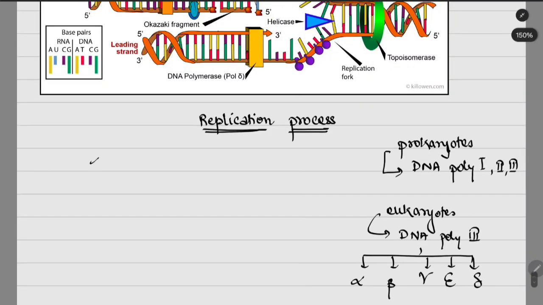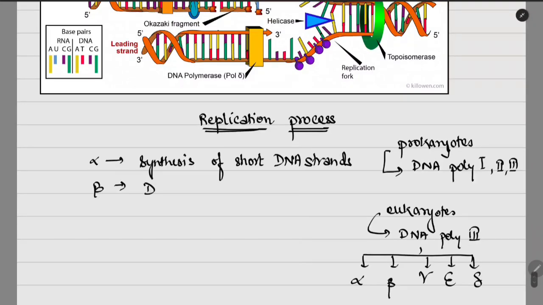The alpha has the function of synthesis of short DNA strands. Okay, the beta has the function of DNA repair. The gamma has mitochondrial DNA synthesis. The mitochondria has their own genetic material. You know that for its replication, the gamma is required.